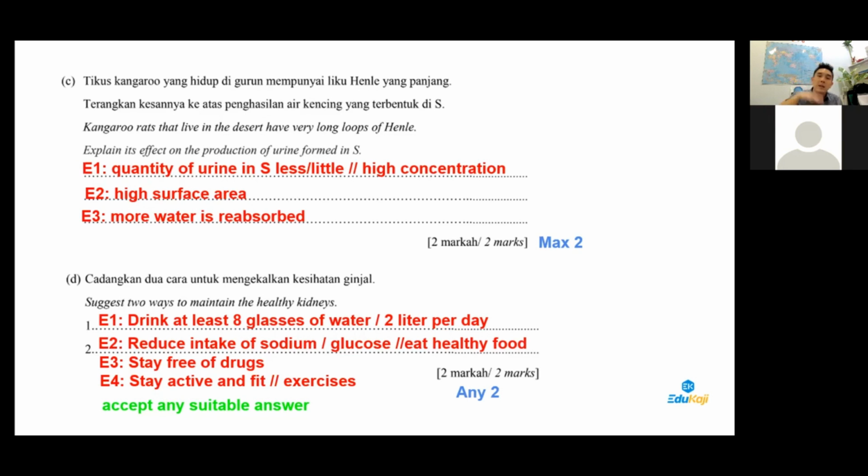Factor in art class students, pure science and sub-science students. Not all think alike. So normally in the SPM scheme, you will get such a note: markers have to accept suitable answers. Unless you get a marker that's not so logical.